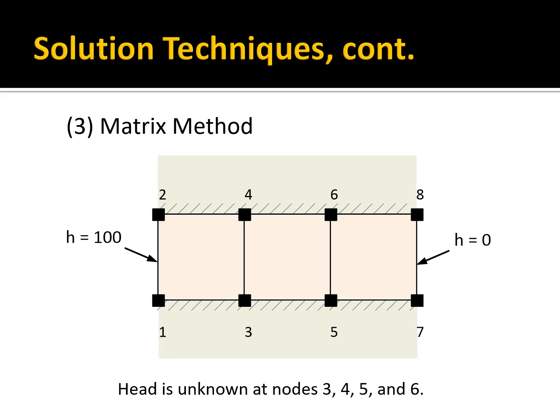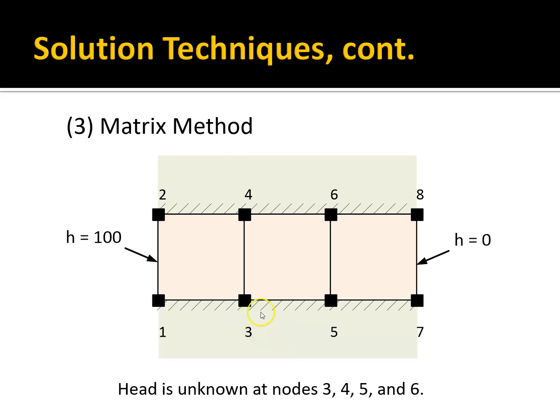And to illustrate how this works, we're going to derive the equations for this particular case. So if we have water flowing through this channel and we have 8 nodes, and we have a boundary condition on the left, h equals 100, and on the right, h equals 0, then that means we know the heads for cells 1, 2, 7, and 8, and we need to solve for the head at cells 4, 6, 3, and 5.